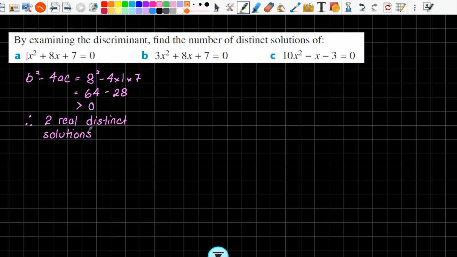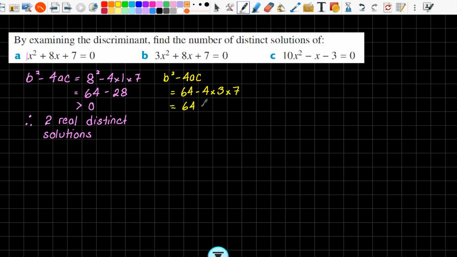Let's have a look at the next one. We're going to do exactly the same thing. So b squared minus 4ac, probably going to run out of room, so let's go underneath. That's going to equal, once again, 64 minus 4 times 3 times 7.